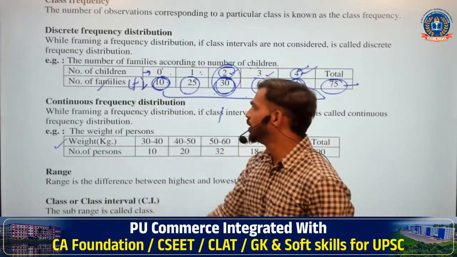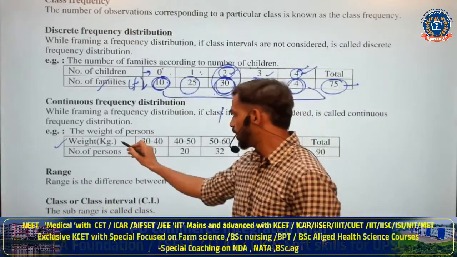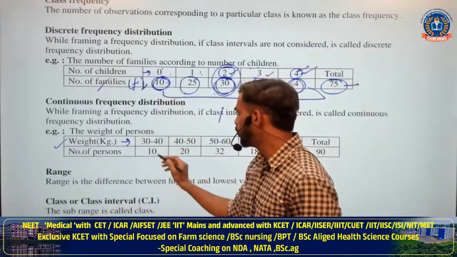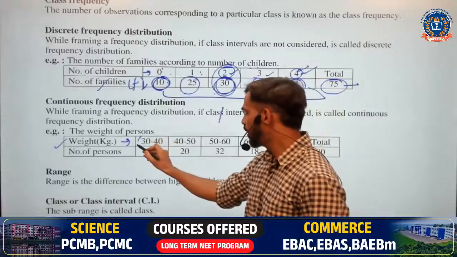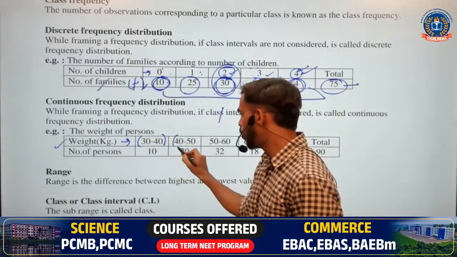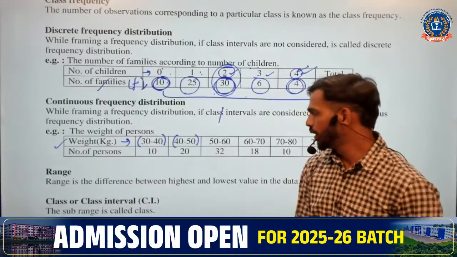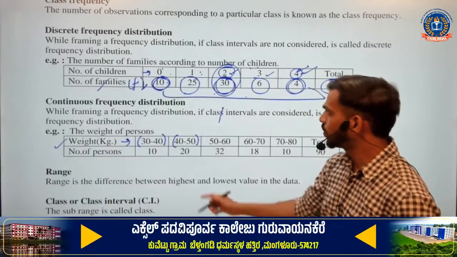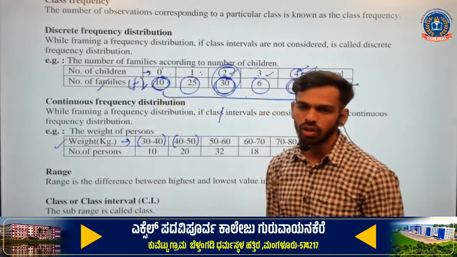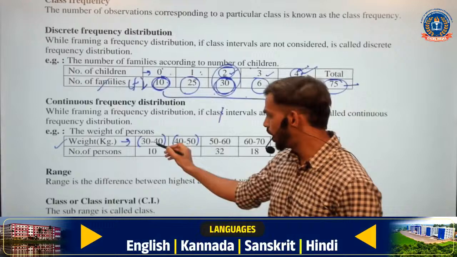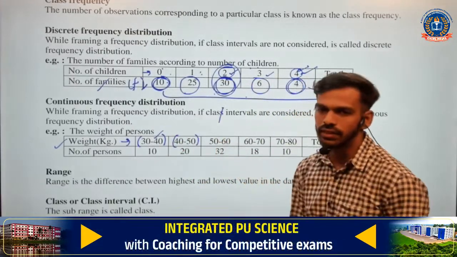Frequencies are known here, but in the second example, instead of direct values, we have class intervals with very small width. In the first example we don't have any limits or class intervals.